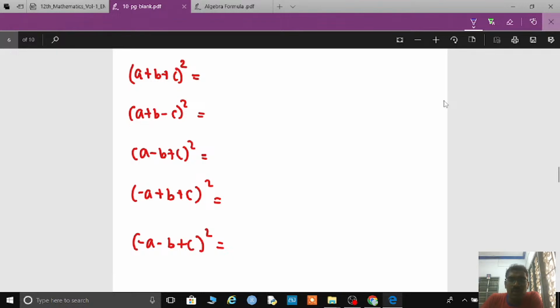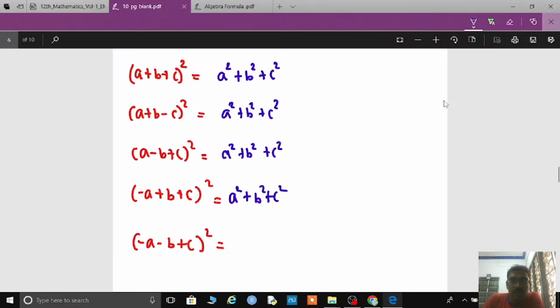In all five formulas, one thing is similar: a square plus b square plus c square. Better, we can do one thing.